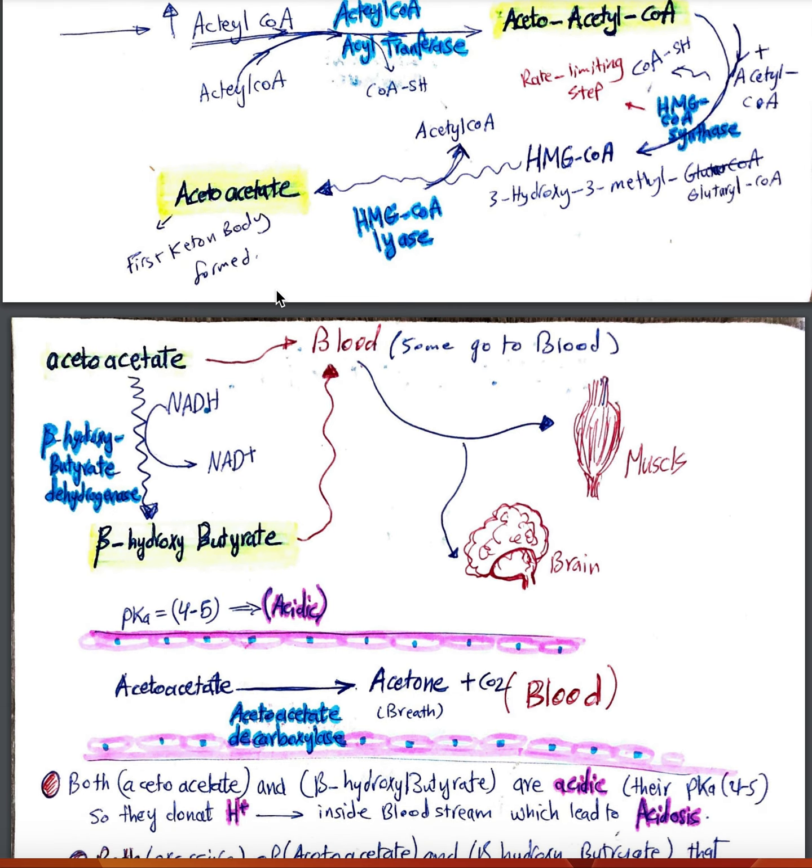Then I want to know the fate of acetoacetate, because from acetoacetate we can get the other ketone bodies. Acetoacetate may go to the blood, some goes to the muscles, some to the brain, and some to the renal cortex, I mean the kidney.